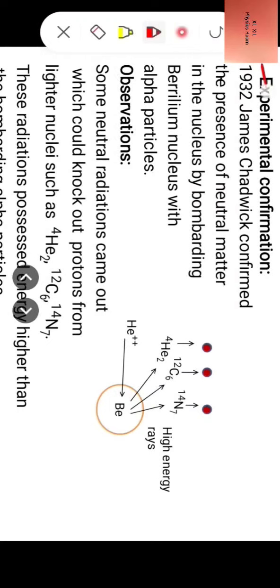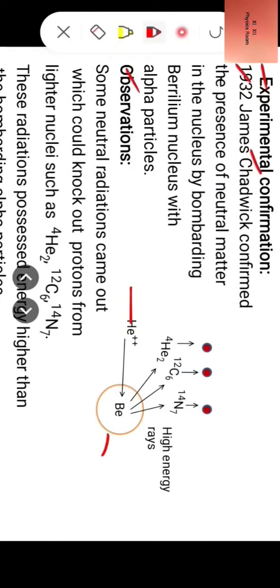Now experimental confirmation of presence of neutral matter. In 1932, James Chadwick confirmed the presence of neutral matter in the nucleus by bombarding beryllium nucleus with alpha particles. So what were the observations made by him?